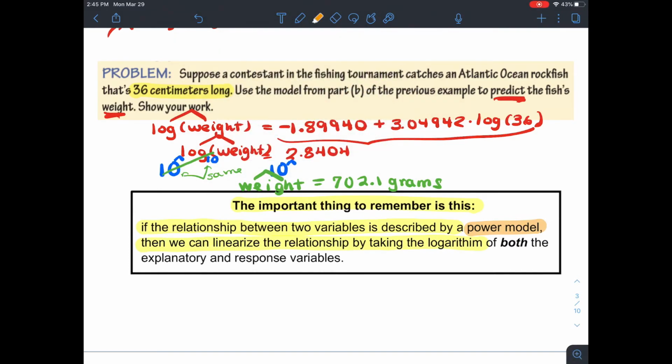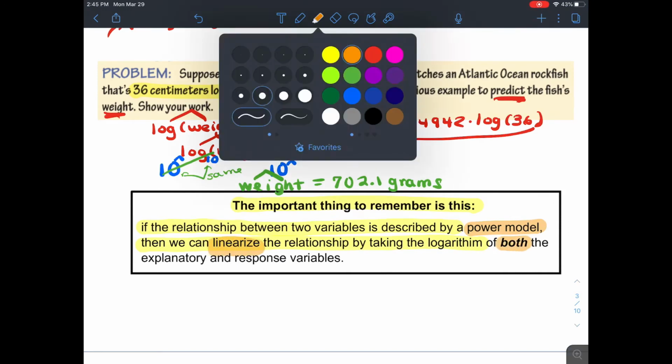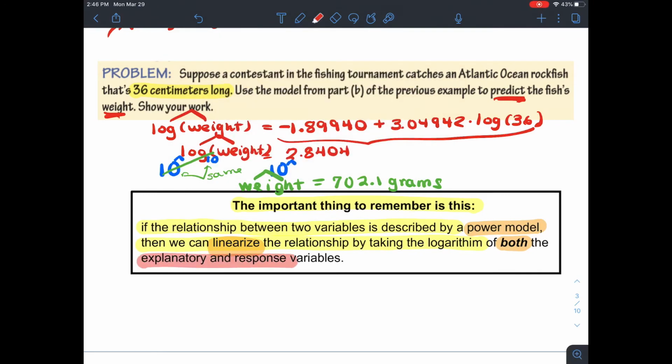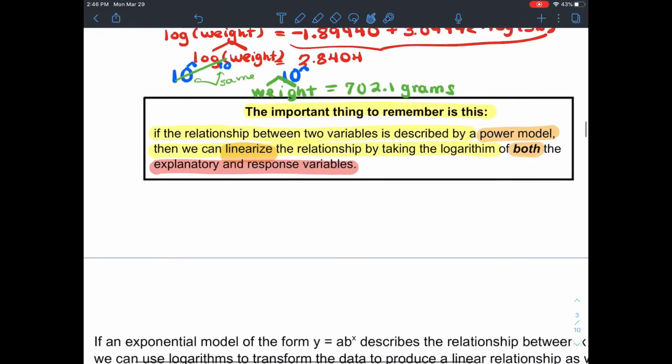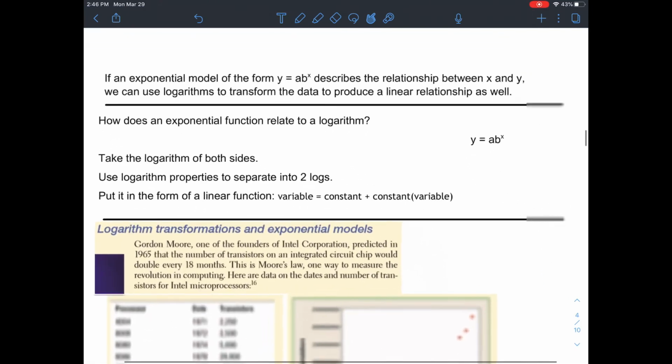If it's actually a power model, then it will become linear after you take the logarithm of both the explanatory and the response variables. So you do the transformation, you take log of the x variable, log of the y variable, and then if the scatter plot looks linear, then you know that original curve was in fact a power model.